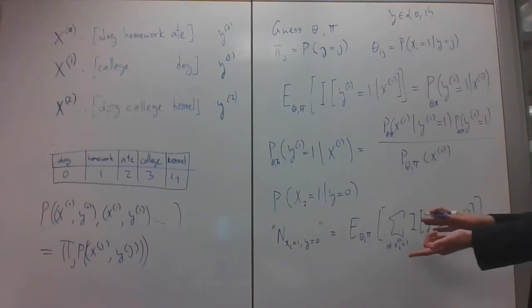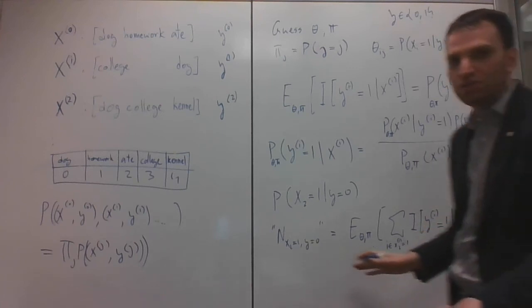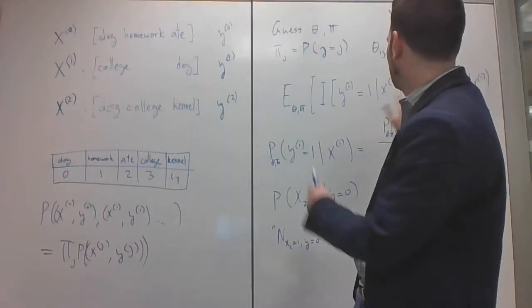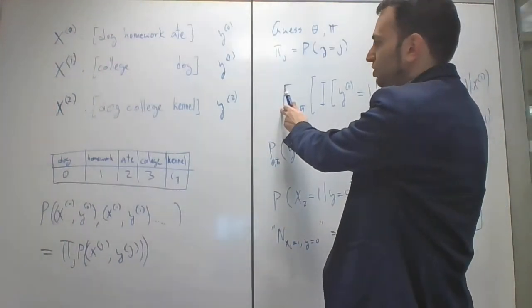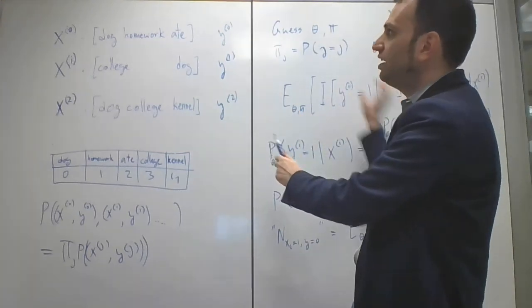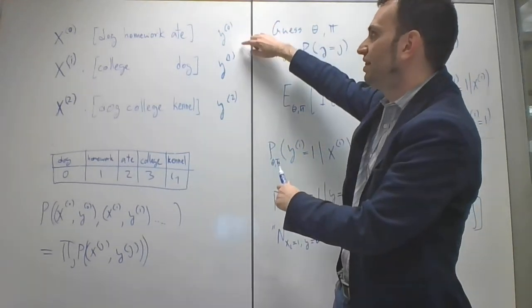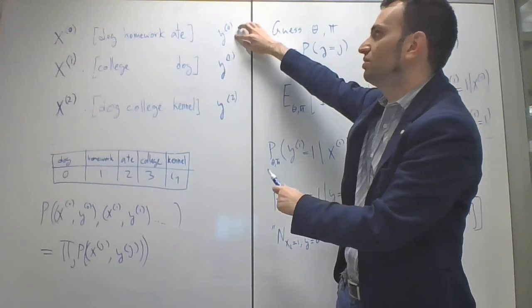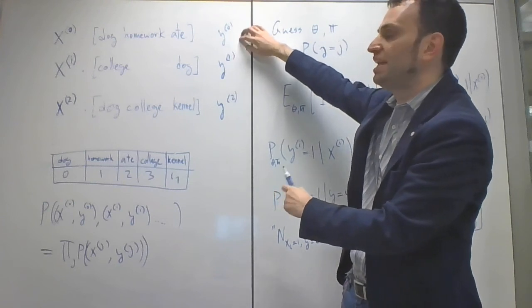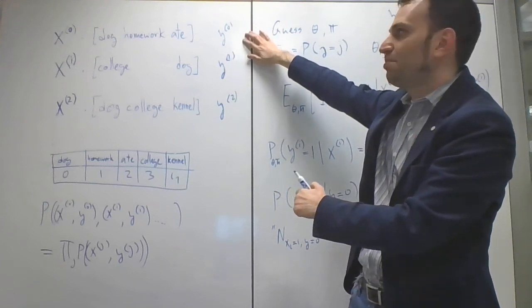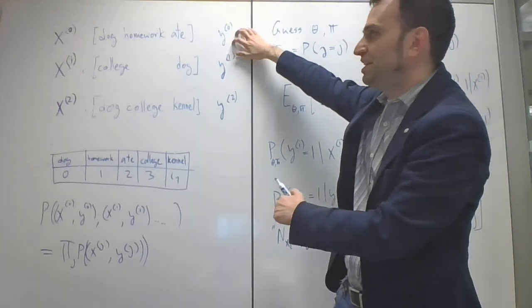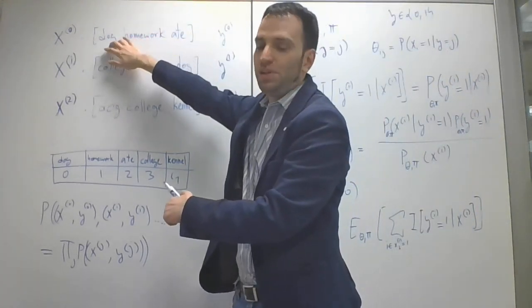So how do we interpret this? One easy way is to say we computed those estimates for the y's. They are numbers between 0 and 1, and then we just pretend that this counts, for example, assuming that's 0.8, as 0.8 examples of y being equal to 1 and dog appearing in the email.